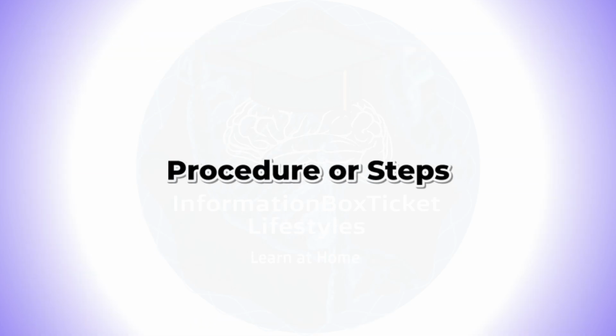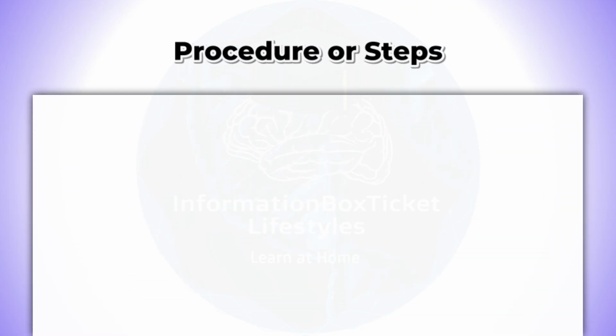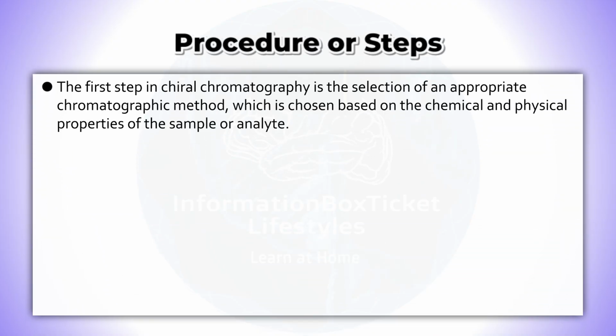Procedure or steps of chiral chromatography. The first step in chiral chromatography is the selection of an appropriate chromatographic method, which is chosen based on the chemical and physical properties of the sample or analyte.